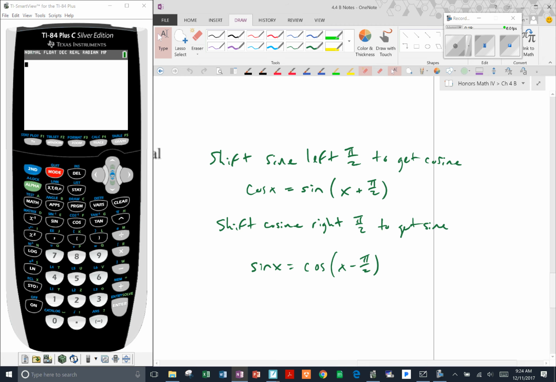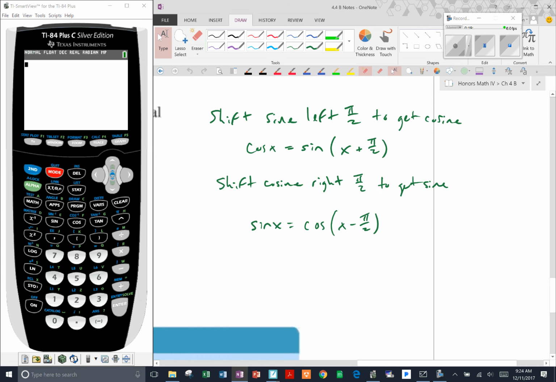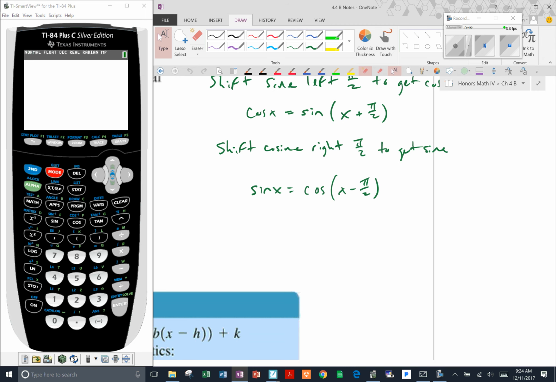Or in other words, cosine of x equals sine of x plus pi over 2. And we could go the other way. We could shift cosine right pi over 2 to get sine. So sine is equal to cosine shifted right by pi over 2.